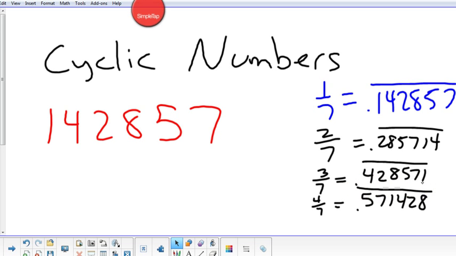You can see that the pattern is that these same 6 numbers keep repeating themselves in the same order, but starting with a different number.